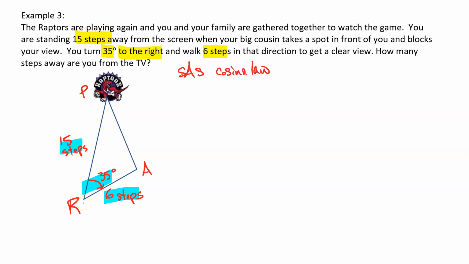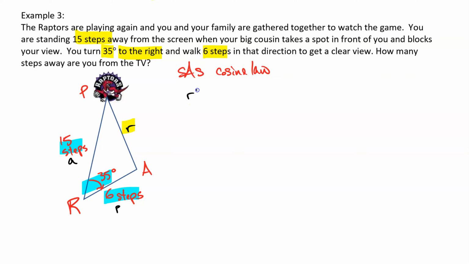And the cosine law situations are good in the fact that even though you don't have a matching pair of angles and sides, you can actually figure out some things too. You can figure out this side, right? I'm just going to label out the rest here. We've got a lowercase p here, we've got a lowercase a, but we are going to figure out that r. That's our goal. Okay, so we're going to use the cosine law, sub it in, and see what happens.